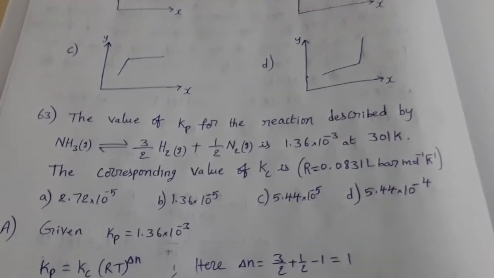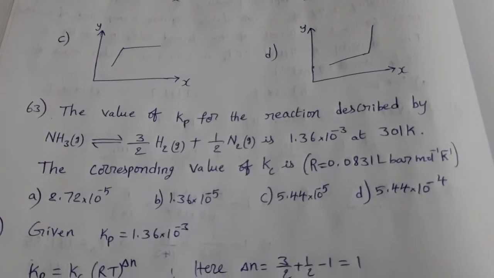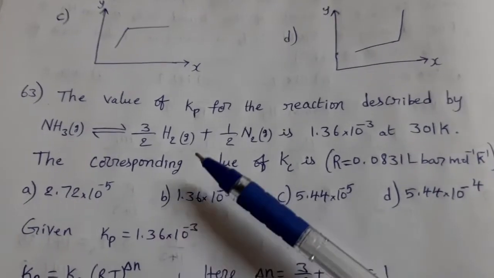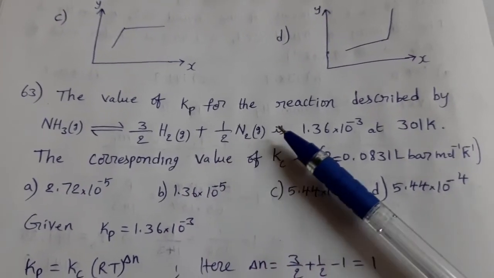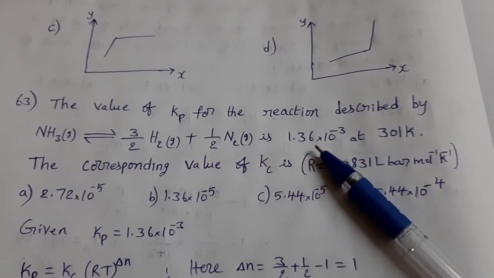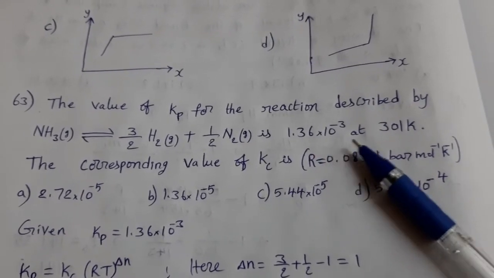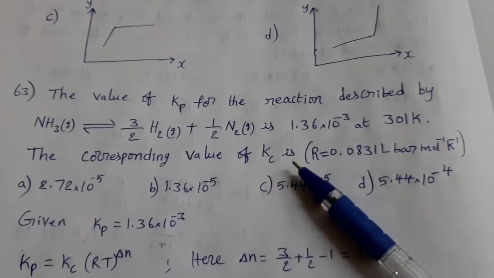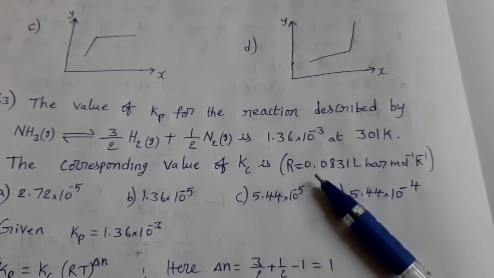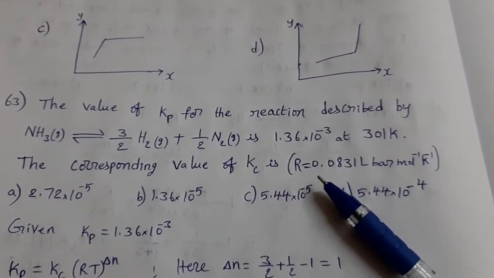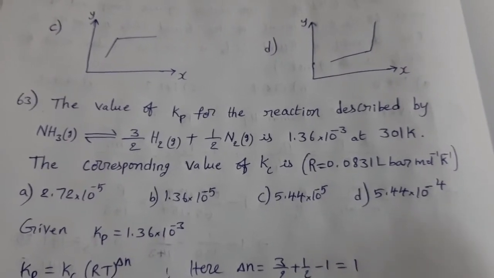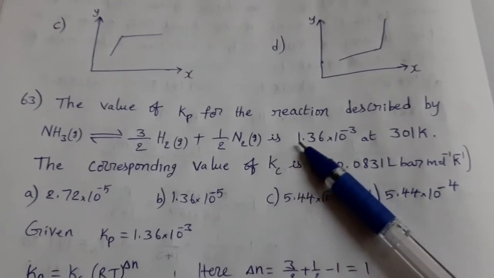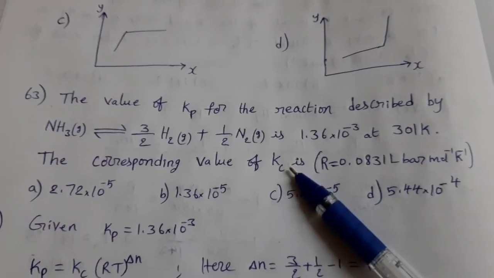Next, the value of Kp for the reaction NH3 gives 3/2 H2 plus 1/2 N2 is 1.36 × 10^-3 at 301 Kelvin. The corresponding value of Kc is, with universal gas constant R equal to 0.0831 liter bar mole inverse Kelvin inverse. Here Kp value is given, Kc we should calculate.